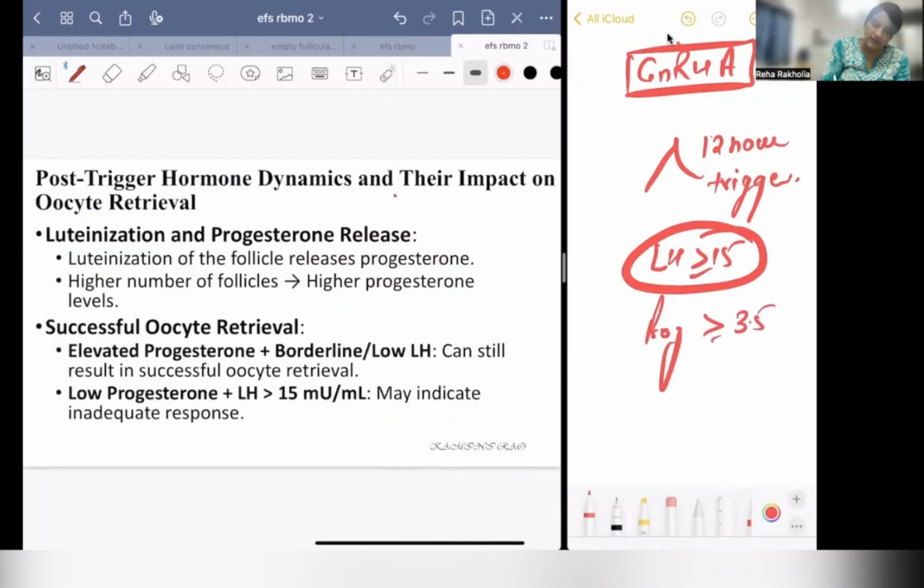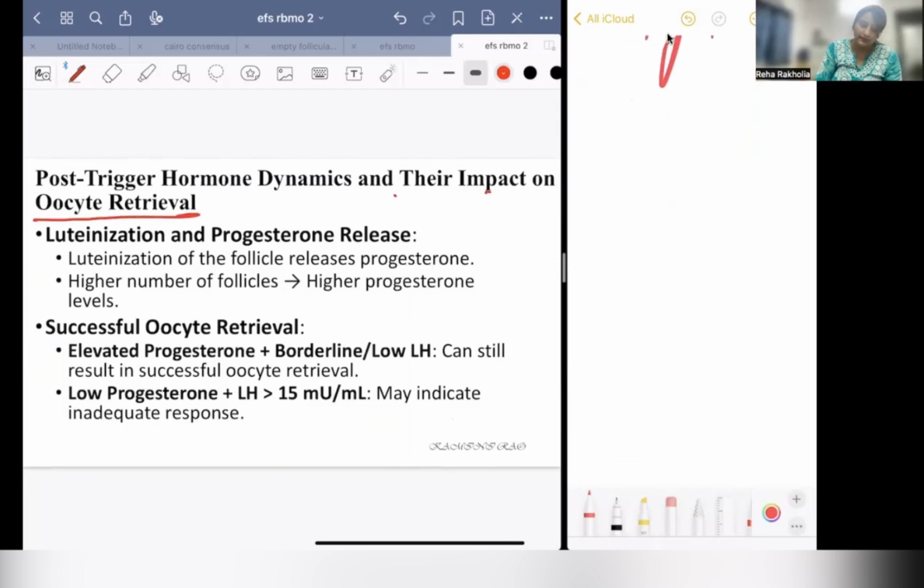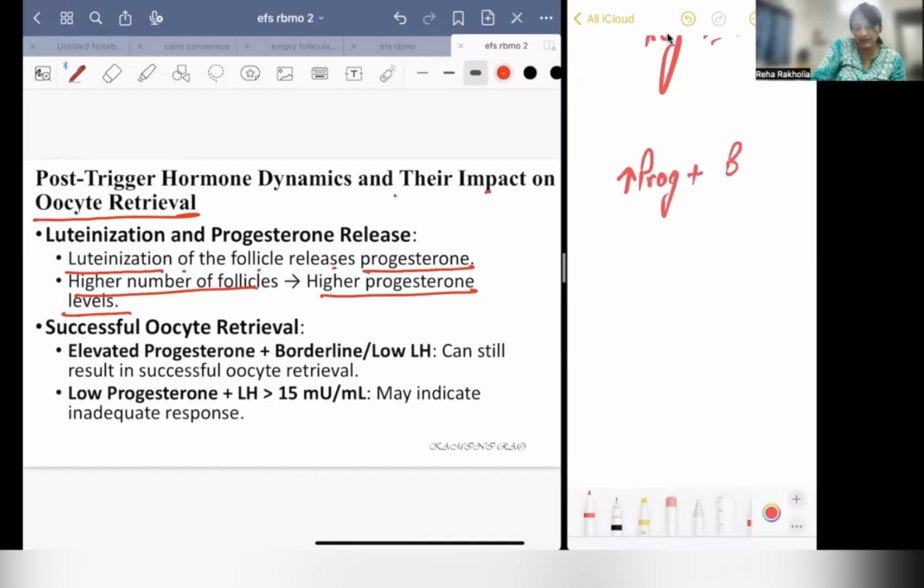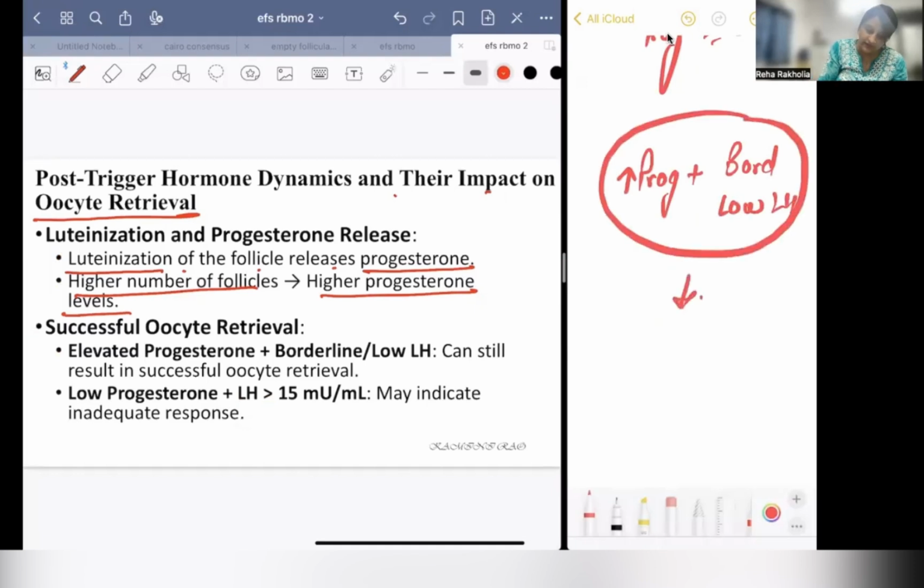Post trigger hormone dynamics and their impact on oocyte retrieval. See, if there is elevated luteinizing hormone and progesterone release, luteinization of the follicle releases progesterone. Higher number of follicles, higher progesterone levels. If there is more progesterone but borderline low LH, then also there are chances of successful oocyte retrieval.